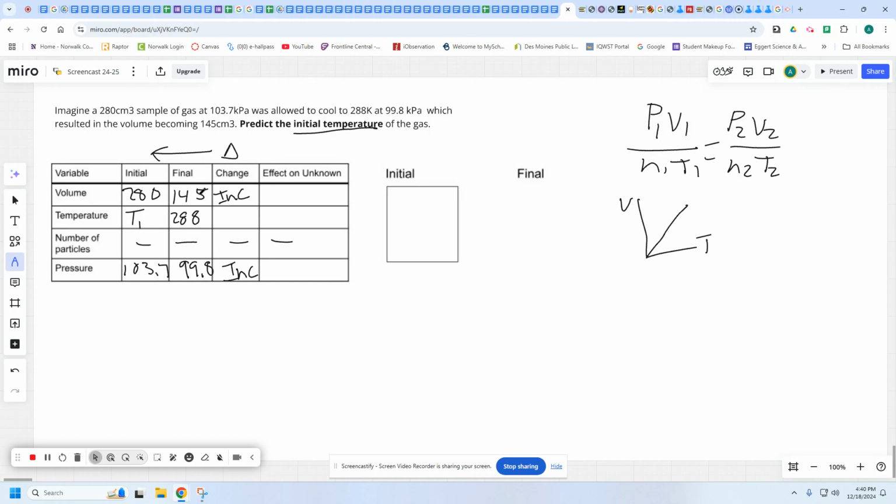So volume increased, doing the reverse engineering here. If volume increased, what must have happened to temperature under those circumstances? In order for volume to increase, temperature must have increased also. So I'm going to put INC for increase.